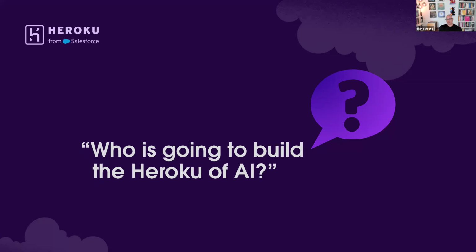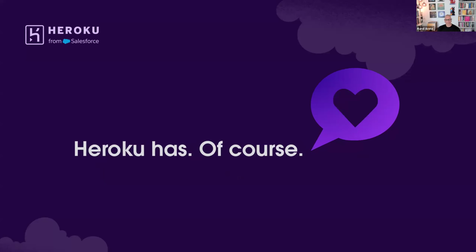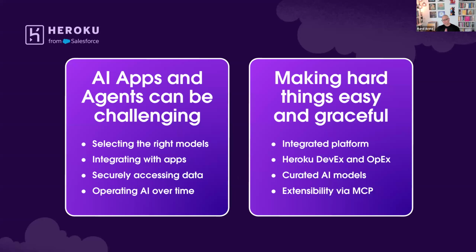Who's going to bring this level of developer experience and operator experience to the actual building of AI applications and agents, or building with AI in a supportive manner? Well, happily, the answer to that question is Heroku has, of course. Why would someone other than Heroku build the Heroku of AI? So, why are we taking this challenge on?